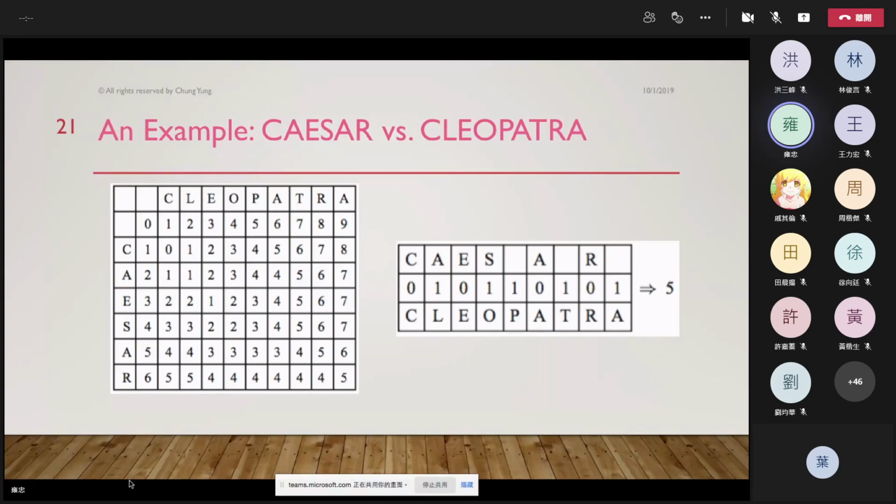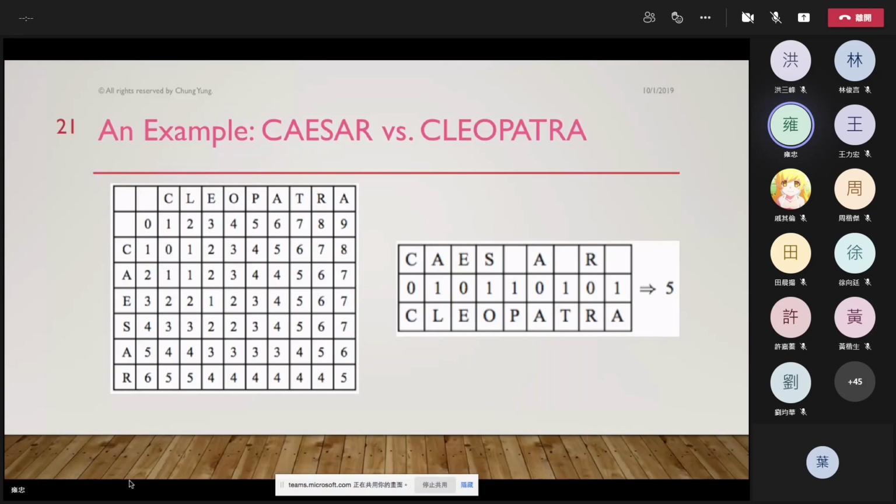So we can see there is a C in both strings, an E also in both strings, an A in both strings, and R also in both strings. So we line them up in the same color. C to C as the first column, E to E as the third column, A to A as the sixth column, R and R at the eighth column.